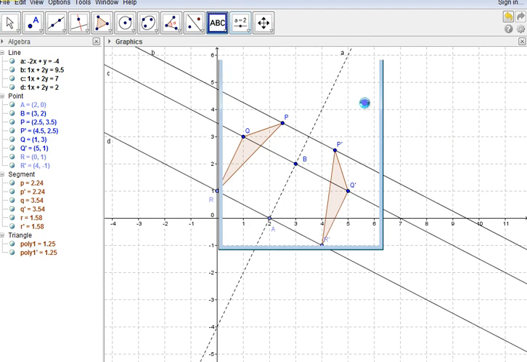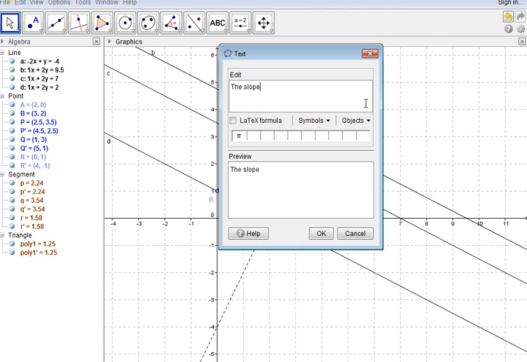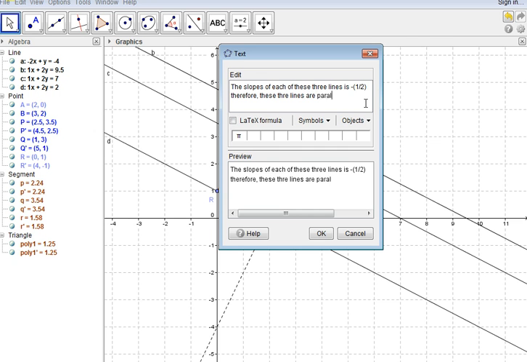So we can say the slopes of each of these 3 lines is -1/2. Therefore, these 3 lines are parallel.